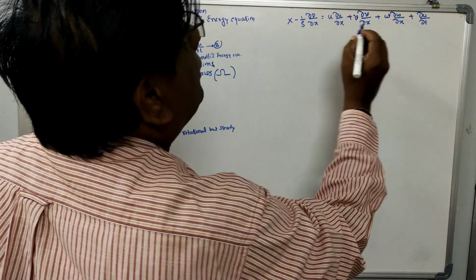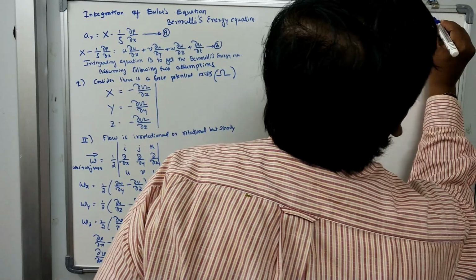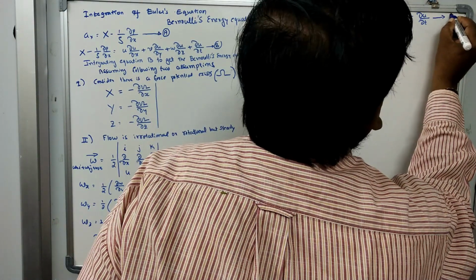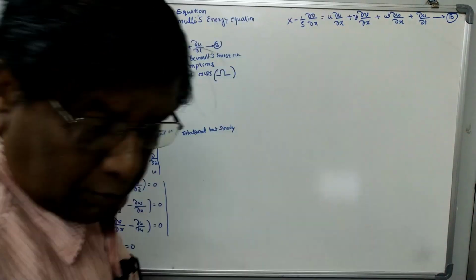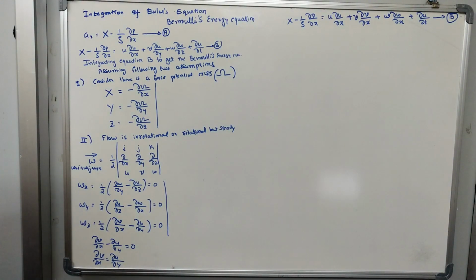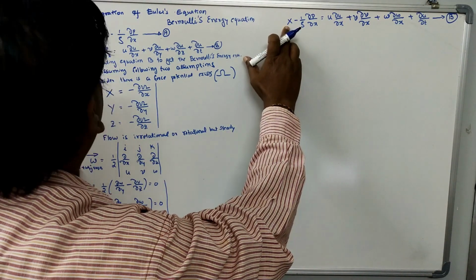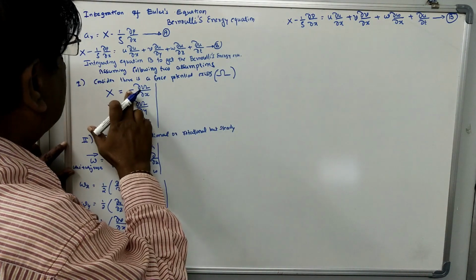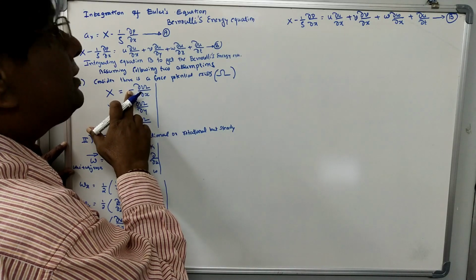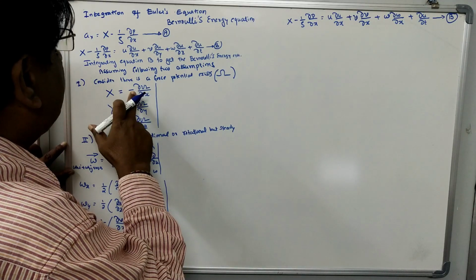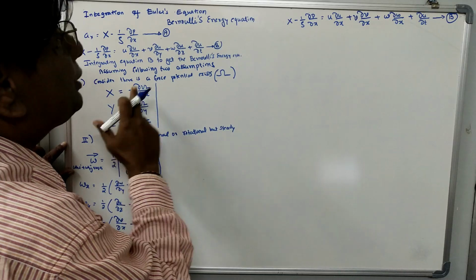Now observe this equation. This is equation B. Observe the equation B. X is equal to what? X is the body force per unit mass. This is also equal to its negative derivative of force potential with respect to x.